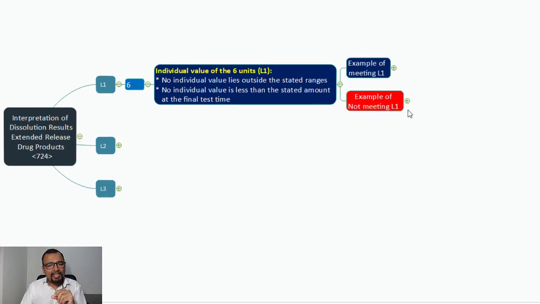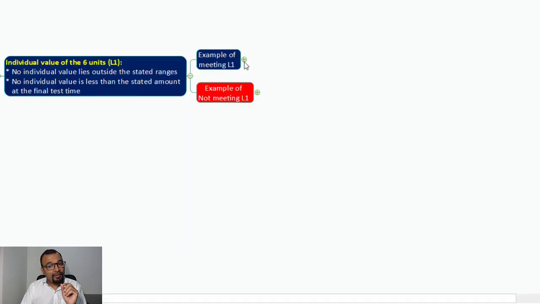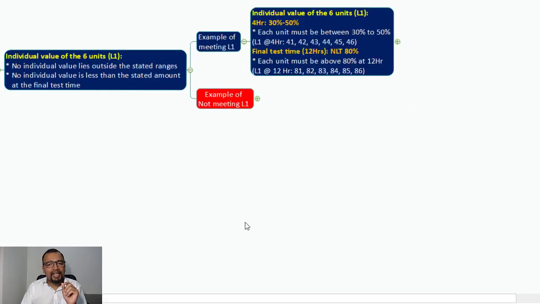Okay, so let us understand an example wherein the L1 acceptance criteria is met. The individual values of 6 units, that is at L1. Let us take the 4th hour as our dissolution time point, and the specification is 30% to 50%. So what is the requirement now?